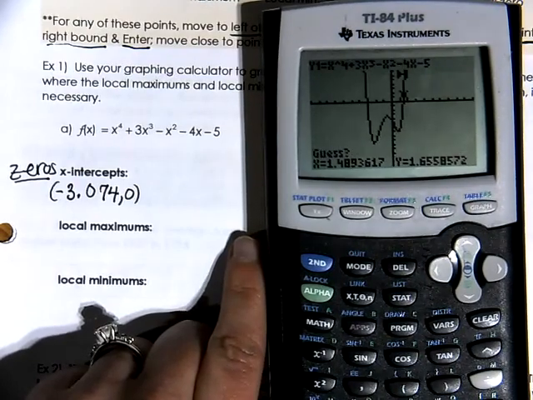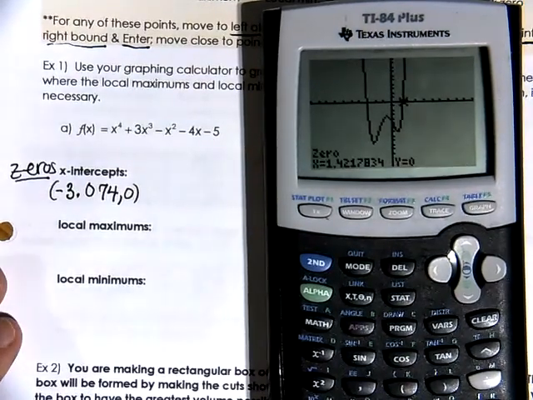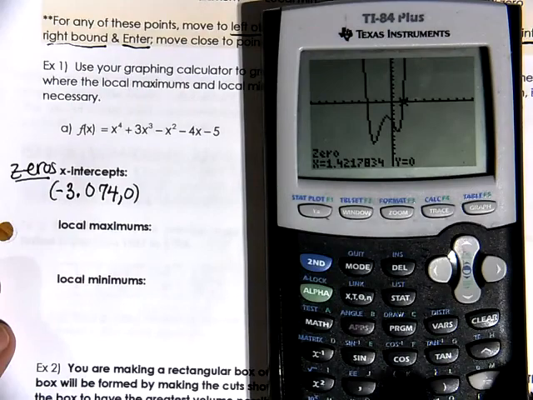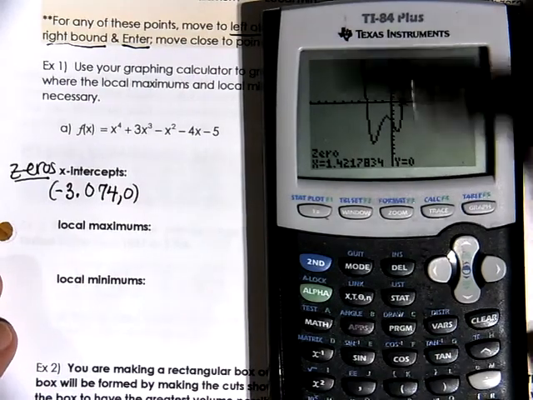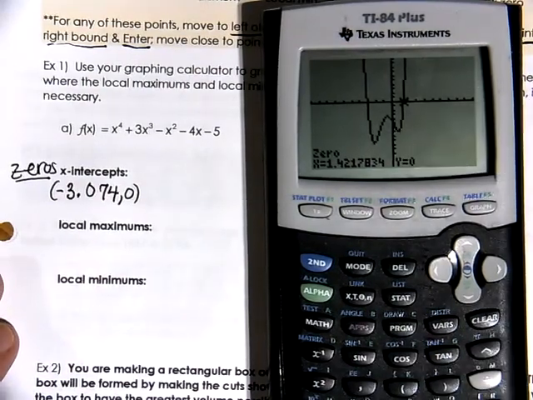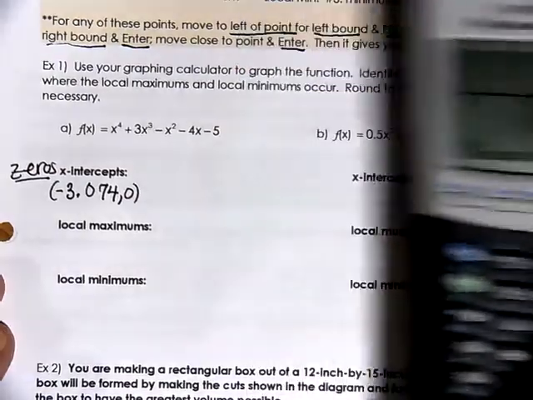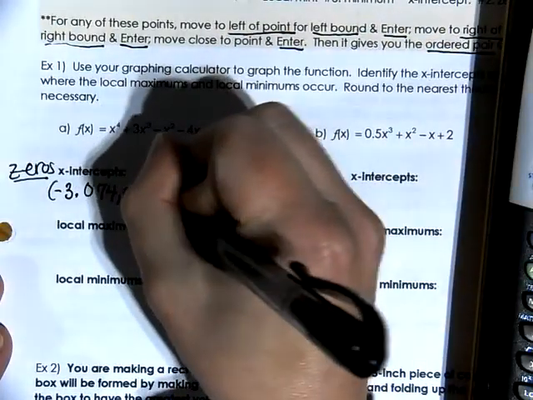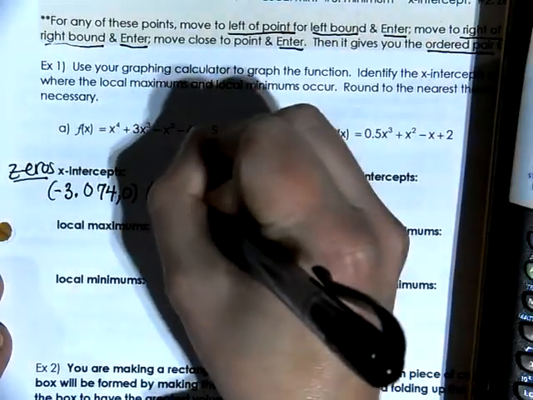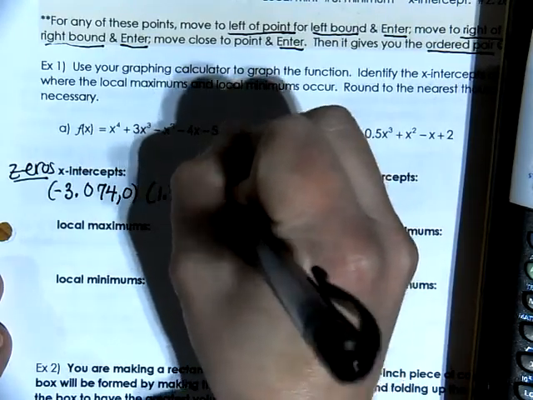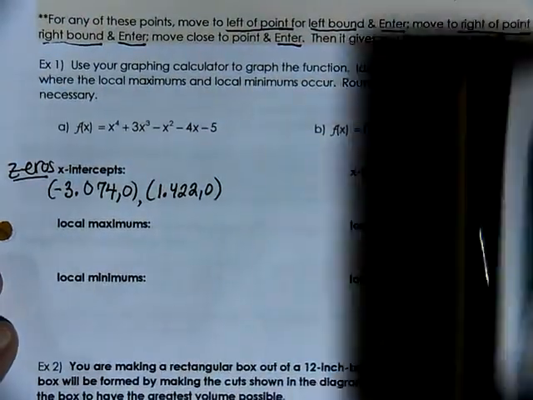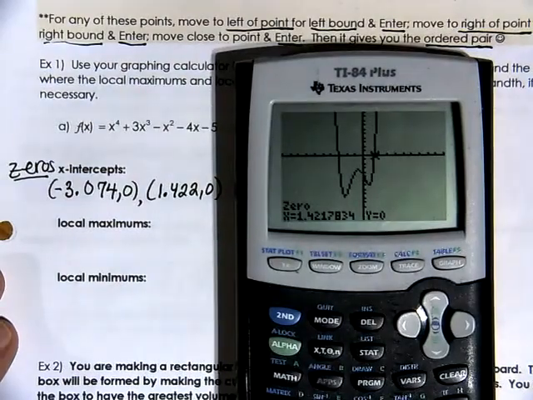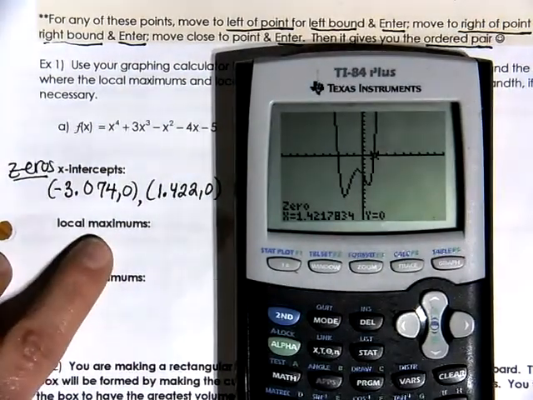I click enter, enter. And it looks like 1.4222 because that's a 7, so 1.4220. These represent my x-intercepts.